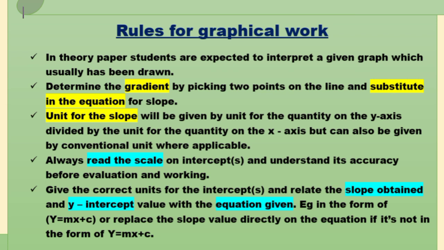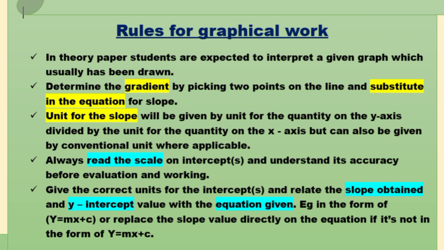Mathematically it is y-intercept, but in physics you'll have variance intercept, can be voltage intercept, resistance intercept, current intercept, depending on what is on the y-axis. So it's very important you understand how you replace those values in the equations you have been given, both the intercepts and also the slope.